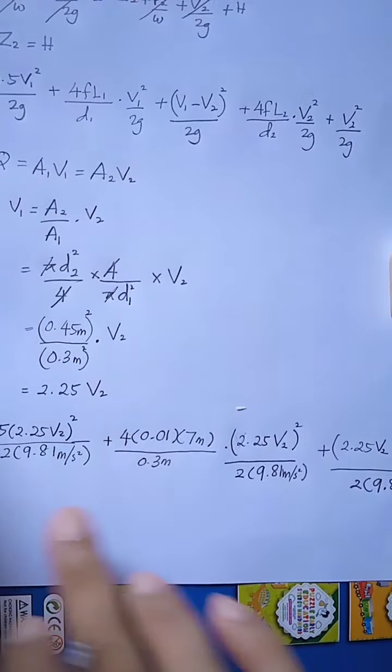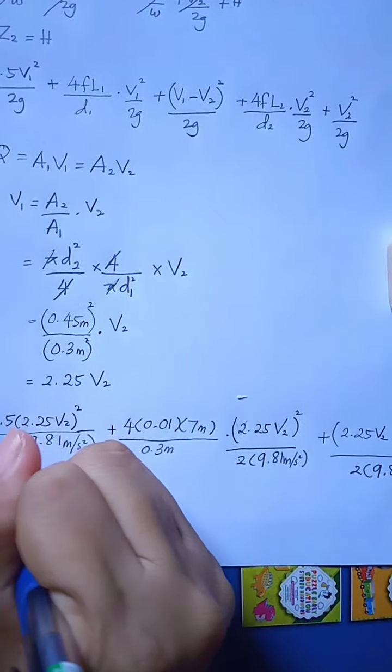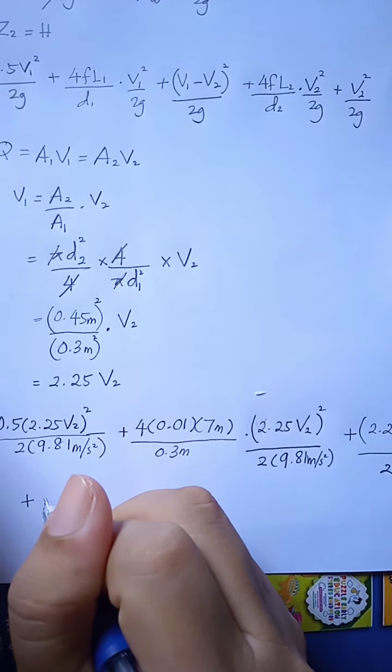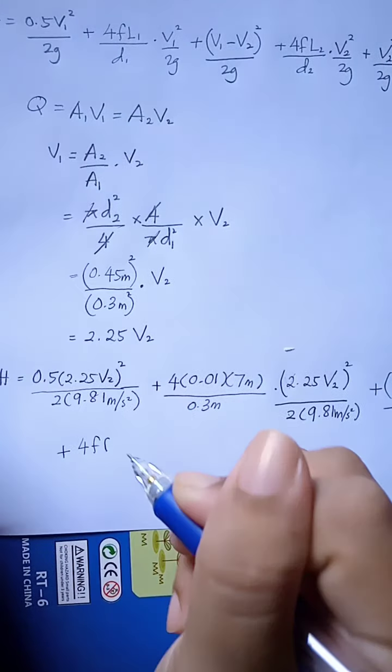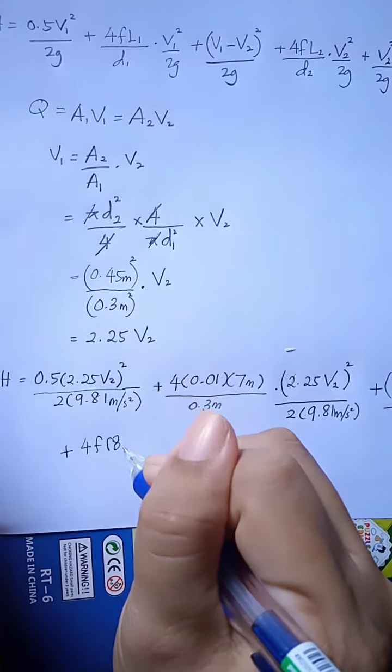That is 1, 2, 3. Number 4 is friction for the second pipe, so 4 f L2, where L2 is 8 meter.